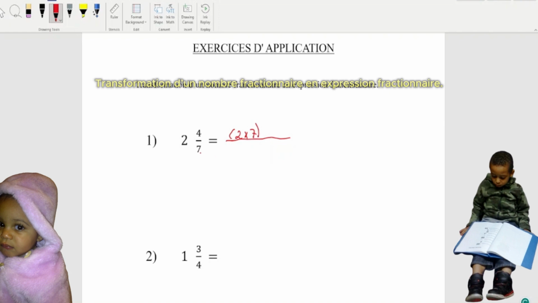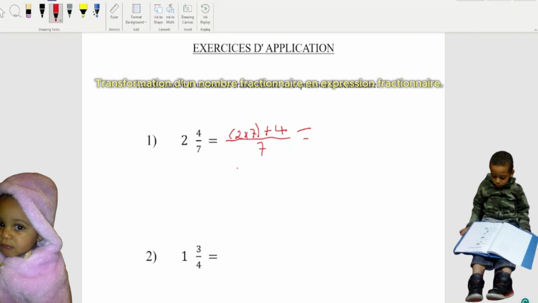So this 7, this is the one. This is 2, this is the 1 times. Now we have the 4 left on the top, plus 4 equal. Now we have our 7. This is 7. We're gonna put it right here, right there.